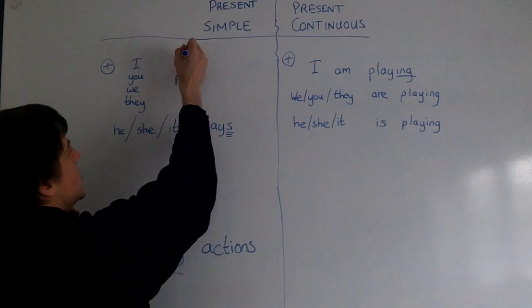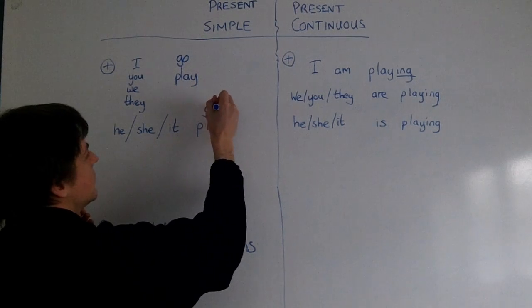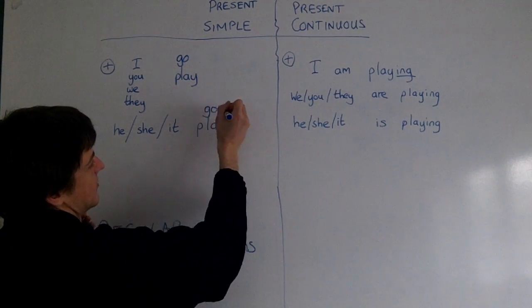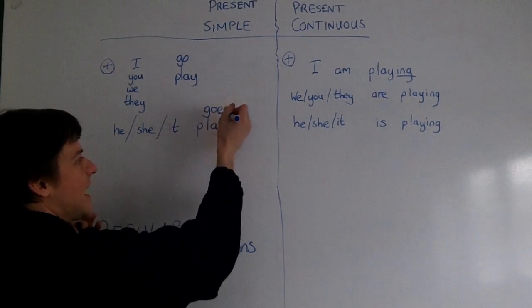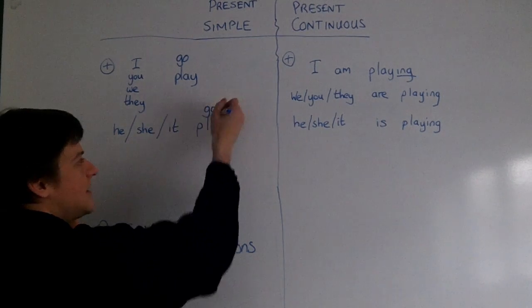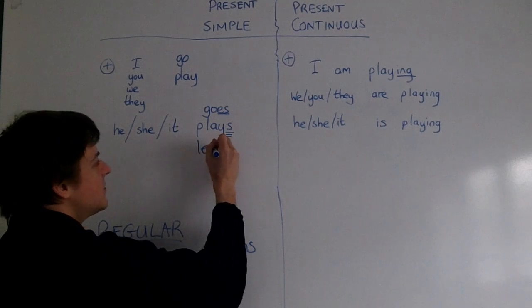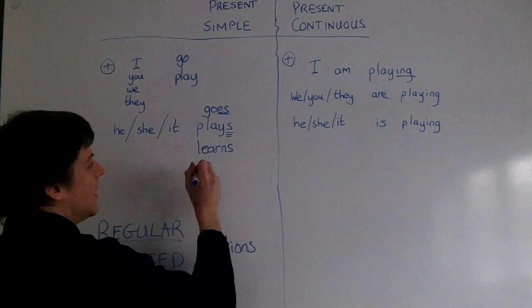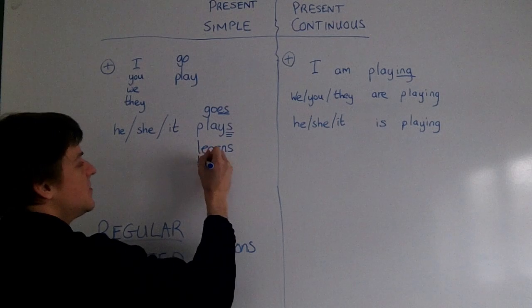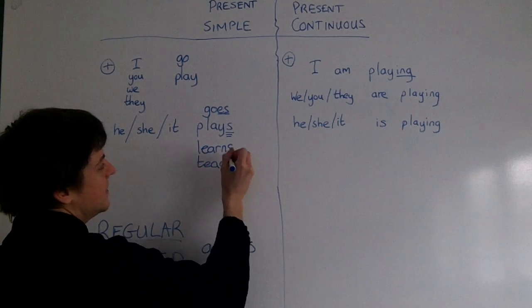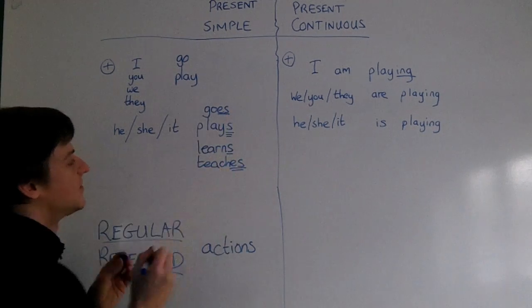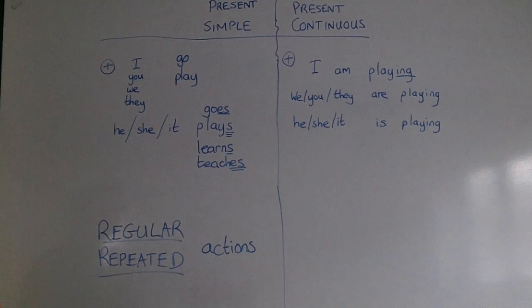If we use the verb go, he goes, we add ES with goes. It's a little bit strange, but usually we just add an S. He plays, he goes, he learns English, he teaches English. So sometimes we add an S and sometimes we add an ES. It depends on the word.